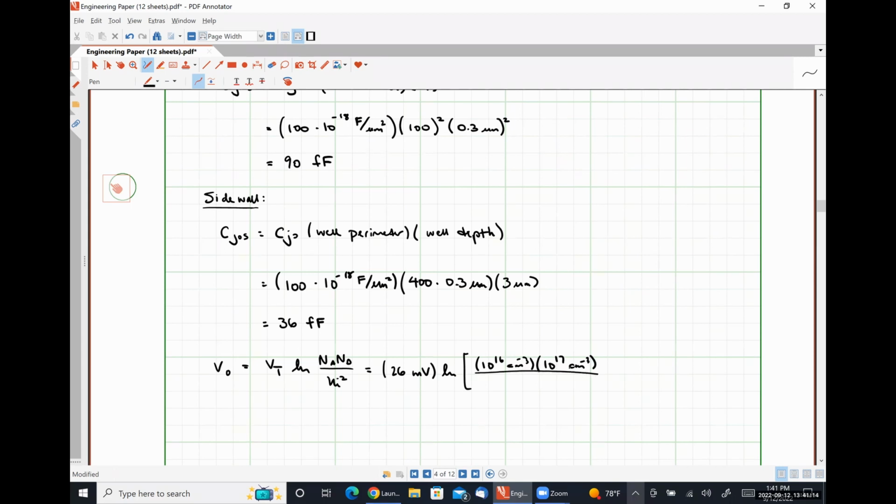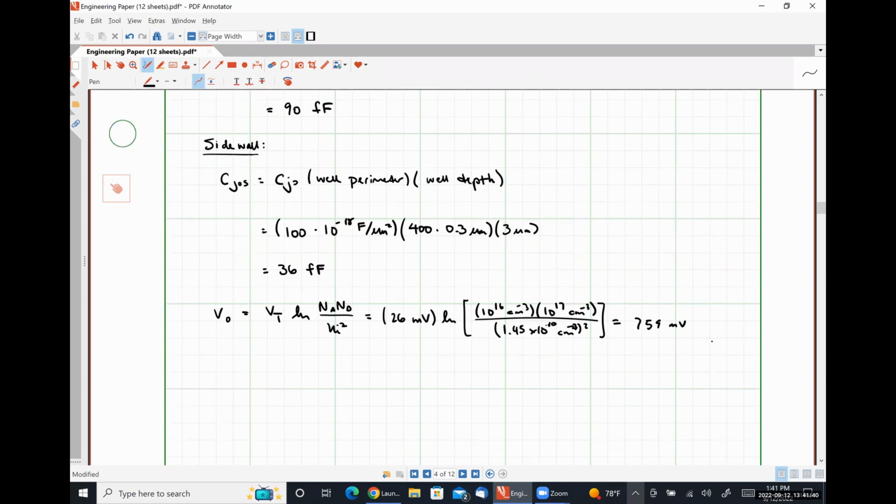And it looks like when I made out these notes, I was using 1.45 times 10 to the 10 per cubic centimeter as the intrinsic carrier concentration of silicon. So we're just going to stick with that because I didn't bring a calculator downstairs. We get 759 millivolts as the built-in voltage, which seems pretty reasonable for a silicon-based device.